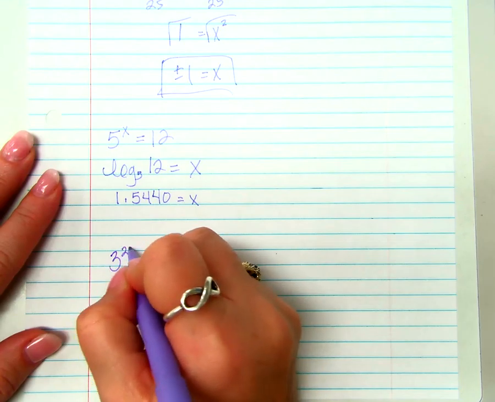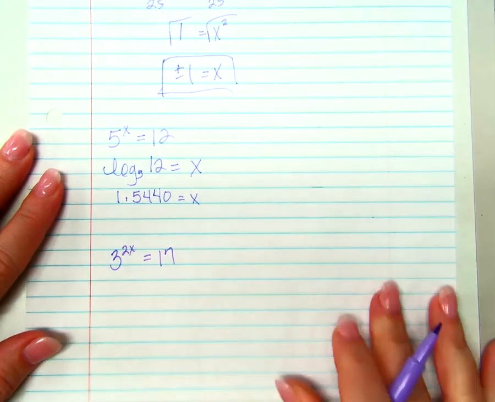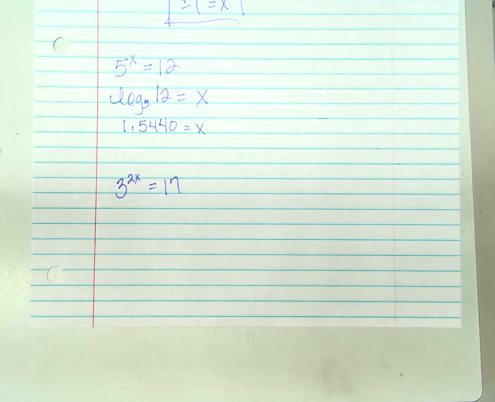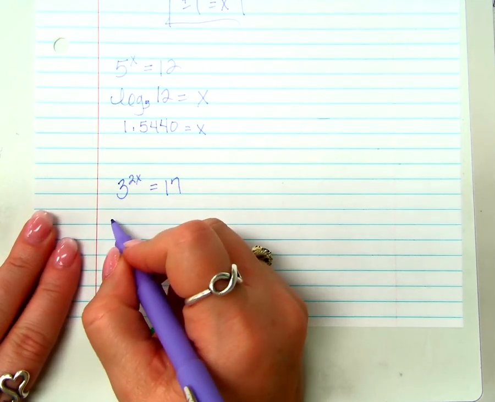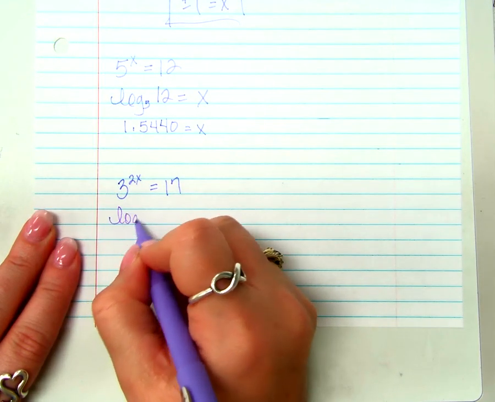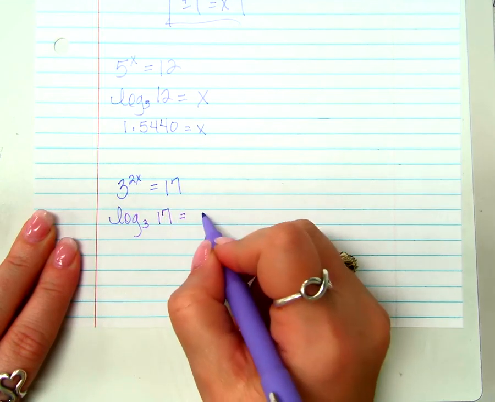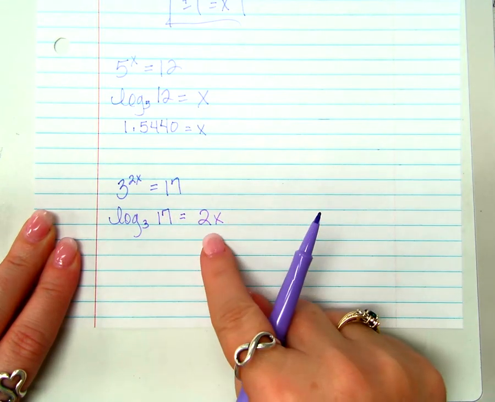3 to the 2x power equals 17. 3 to the 2x power equals 17. If it's in exponential form, what do I want to try? Logarithmic form. What does this look like in logarithmic form? Log base 3 of 17 equals, ooh, that's a little different, isn't it?